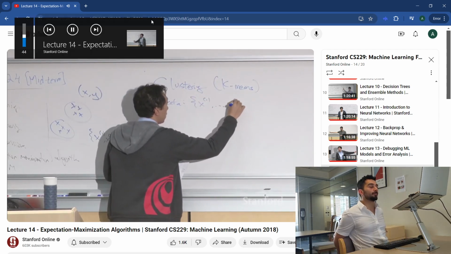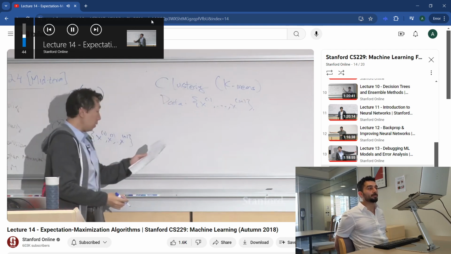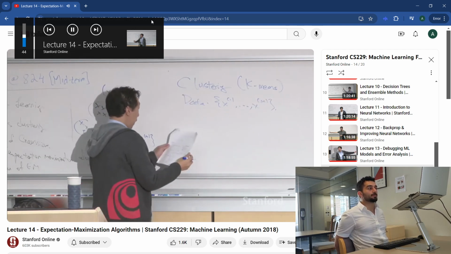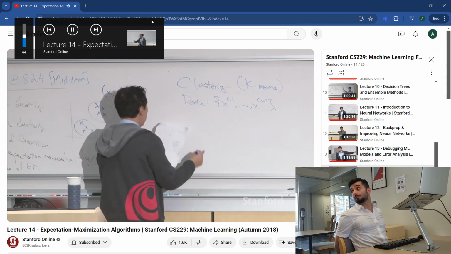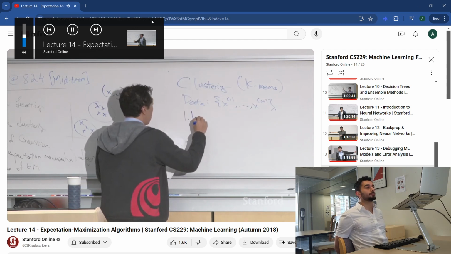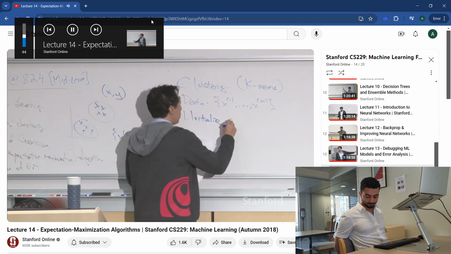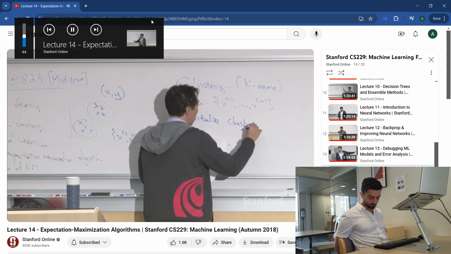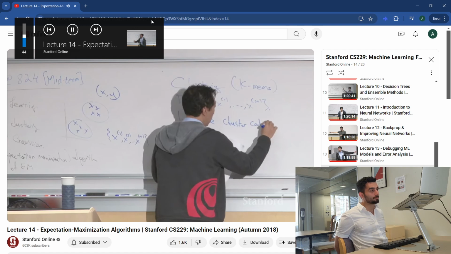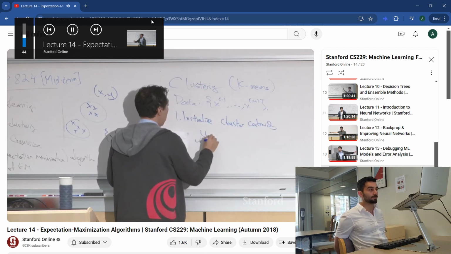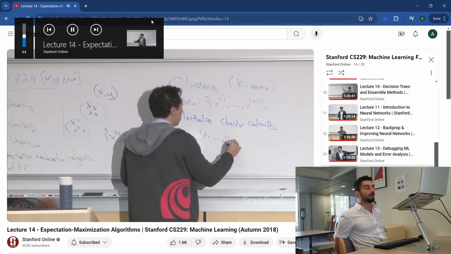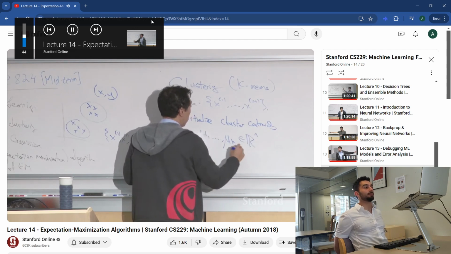So your data set now does not come with any labels. And so in K-means, step one is initialize the cluster centroids. I'm going to call them mu1 up to mu k. How do we find these K centroids?